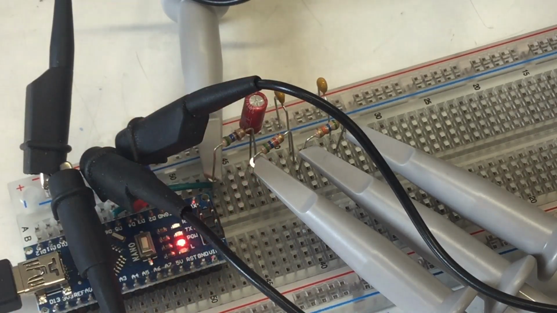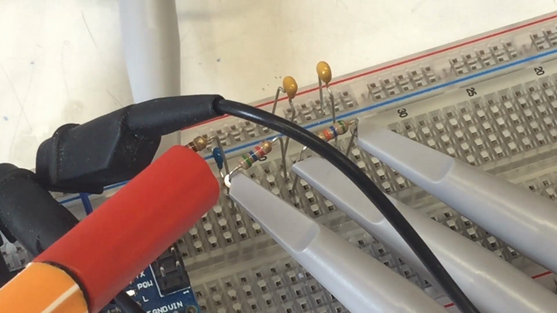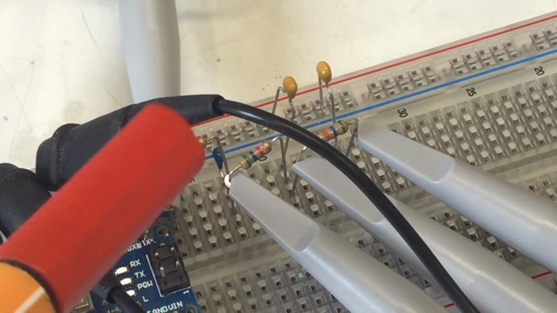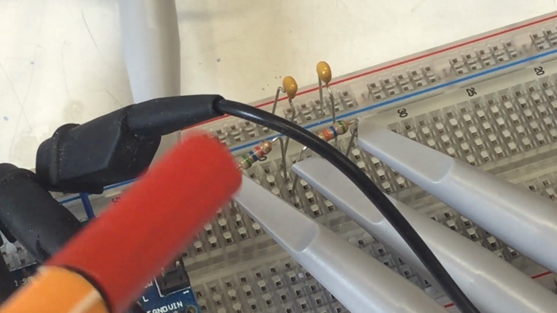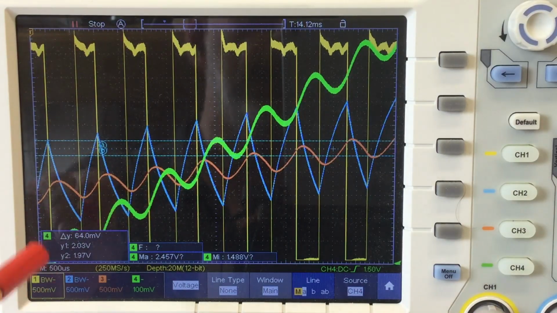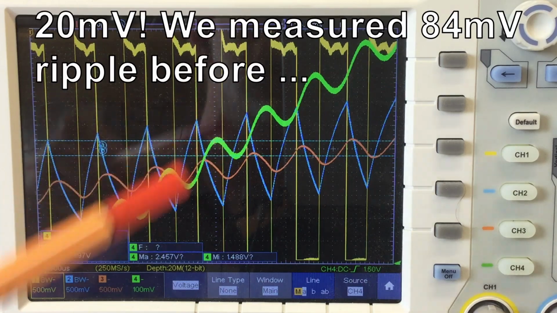Give me a sec. I replaced the electrolytic capacitor by a ceramic one. That should have a much lower equivalent series resistance. Let's see what the scope says. And indeed, that little change shaved off about 6 millivolts on our ripple.